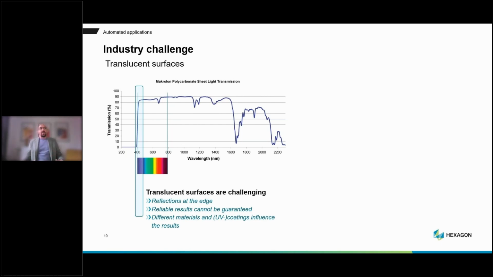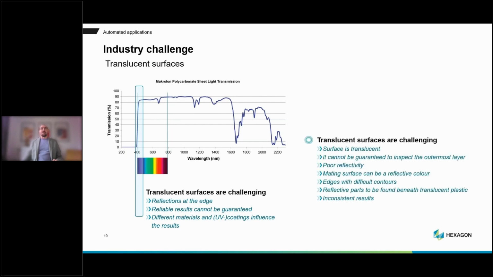If we now have a transparent surface, there are reflections on the edge. There can be penetration of the laser into the surface, and if the laser penetrates the surface, it can be broken off to different wavelengths, and we can't really see anything anymore. So reliable results cannot be guaranteed with optical measurement solutions and laser triangulations.